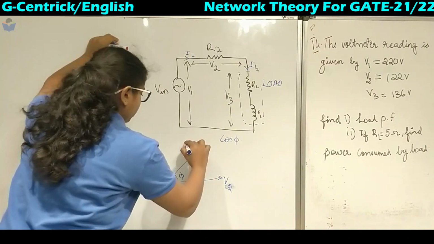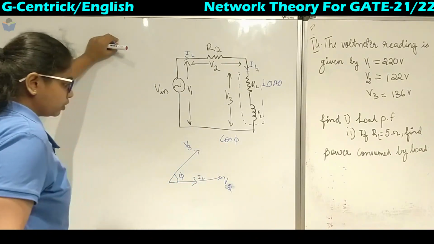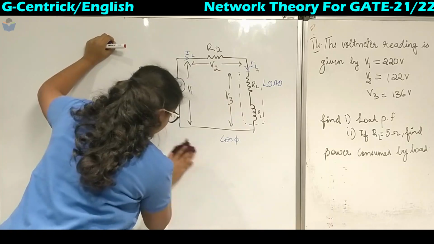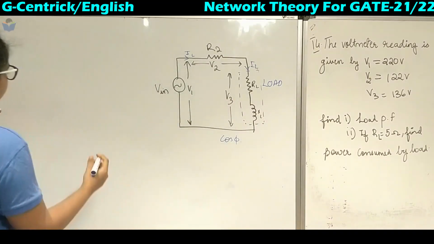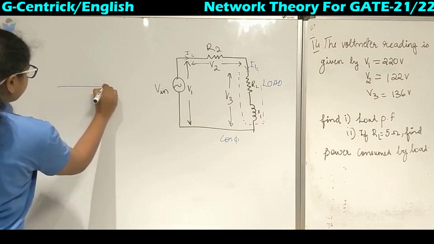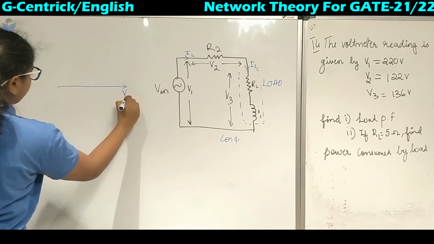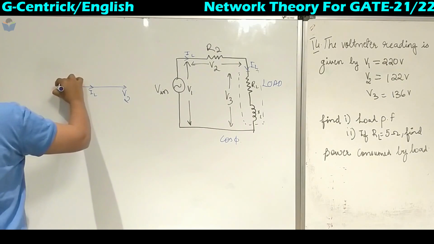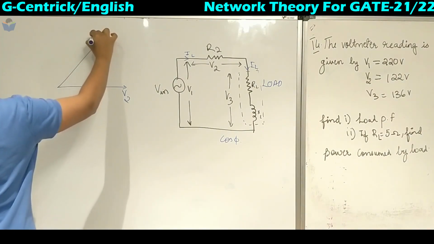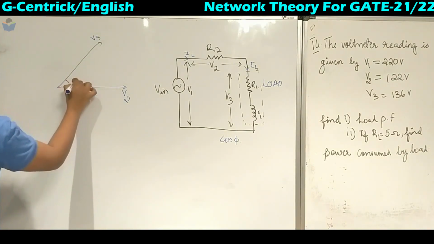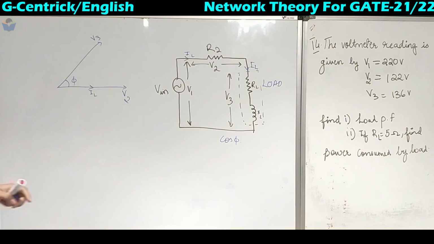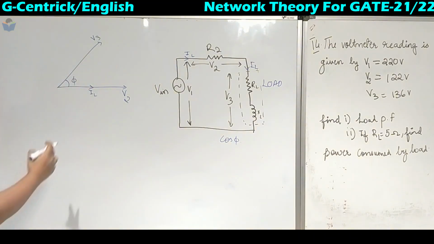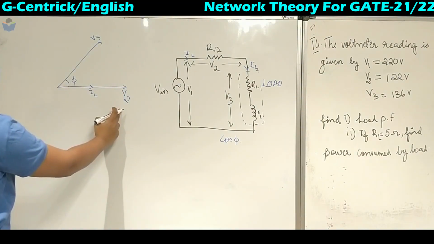So what is this portion? V3. Now if I draw it neatly, here it is V2. Since it is resistive, they are in phase, and this is V3 lagging by angle phi. Since inductive voltage leads, the current will be lagging, so we are taking voltage as reference.